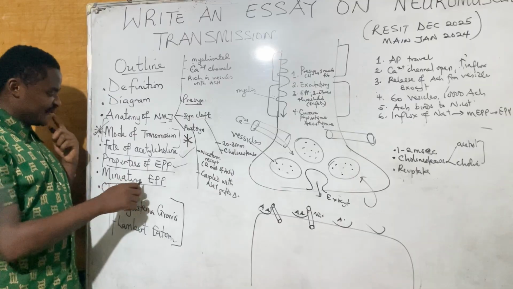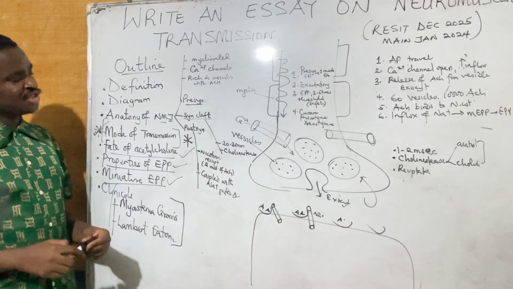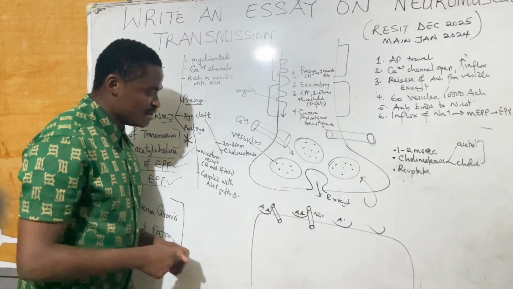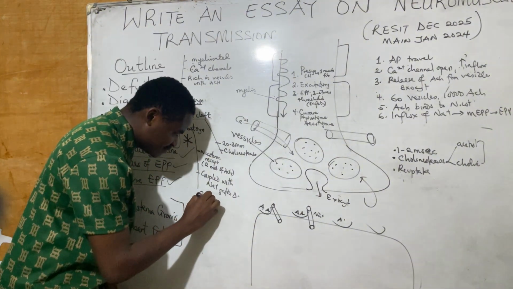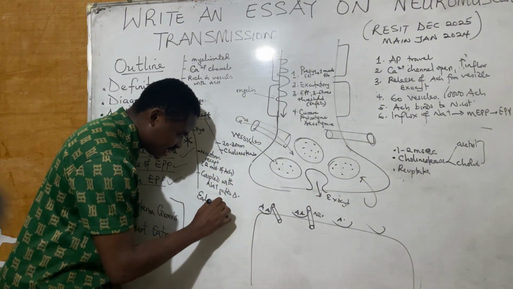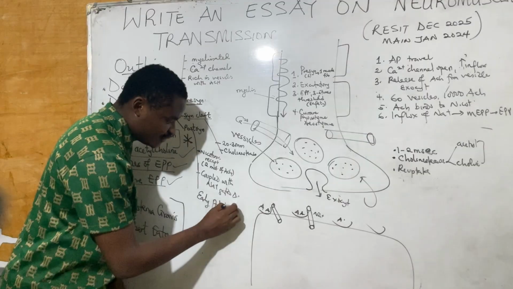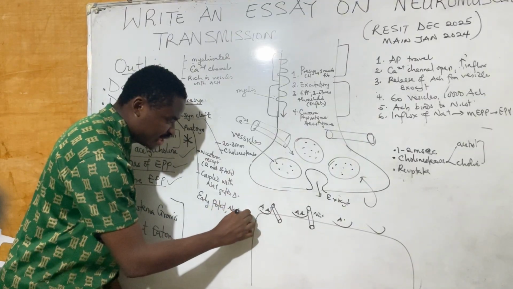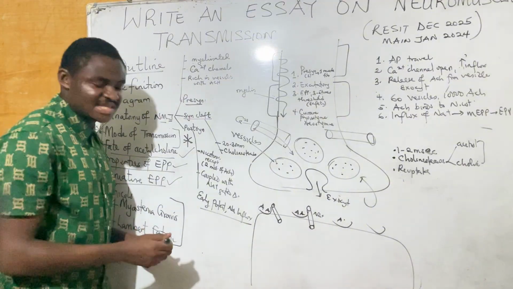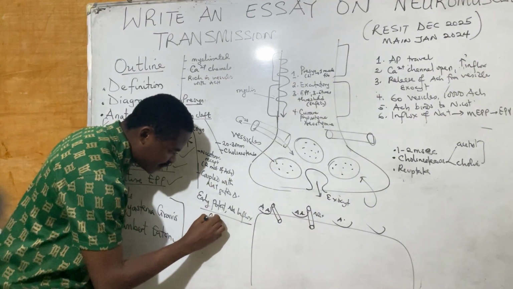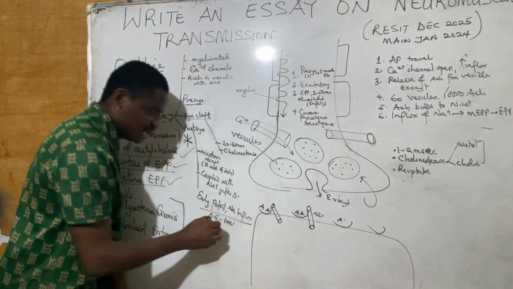Now, what are the things you talk about in miniature end plate potential? Miniature end plate potential happens to be that early potential that is made when sodium begins to influx. So that's the first point. Another thing you will say is that it has an amplitude of 0.5 to 1 millivolt.